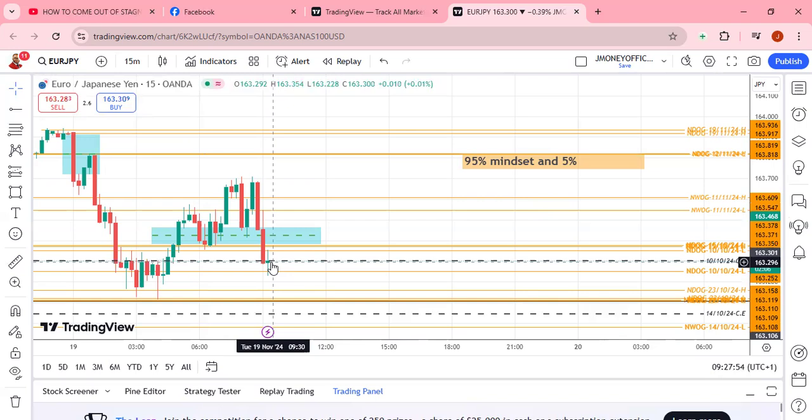If I have $100 and I lose $2 or $5, I am done trading for that day. What does it imply? It implies discipline. And what is discipline? Discipline is the ability to give yourself a command and you follow it. The only way out of this trading is, number one, discipline, and number two, risk management.